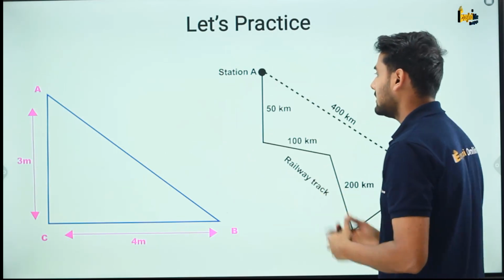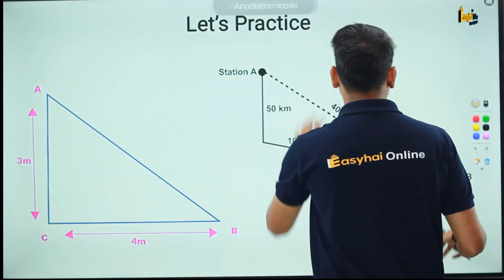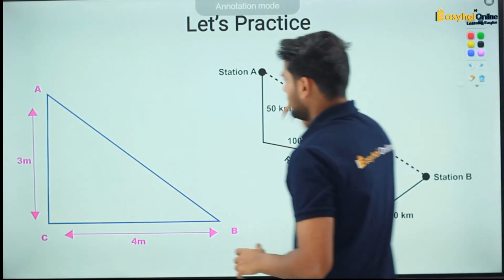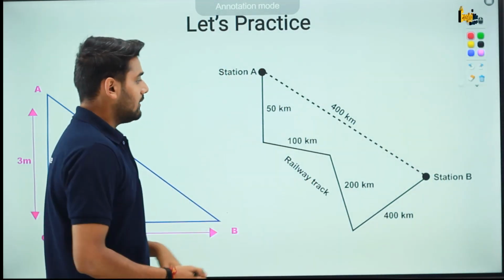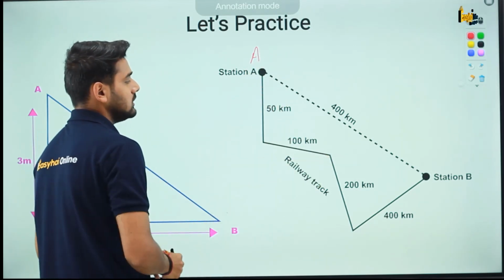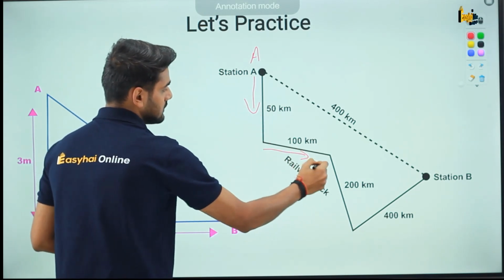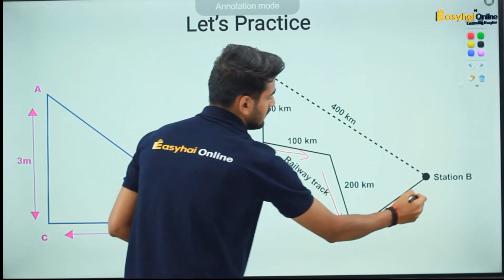Let's take some examples. So in this case, let us take this first example. I have a train which is moving from station A to station B. The path of the train is in this direction and then it goes in this direction, then like this, then like this.